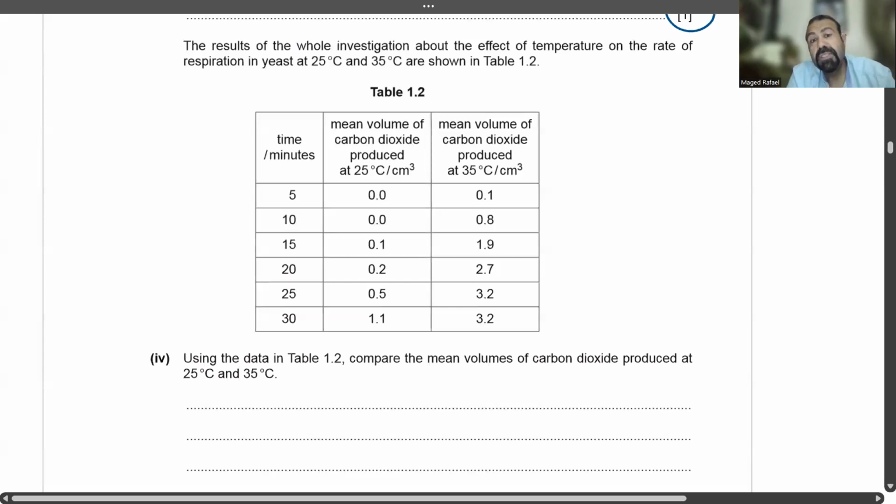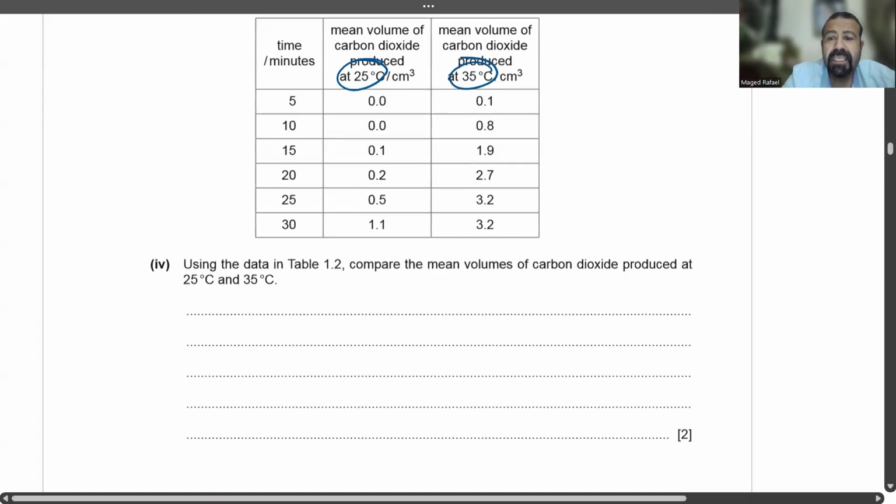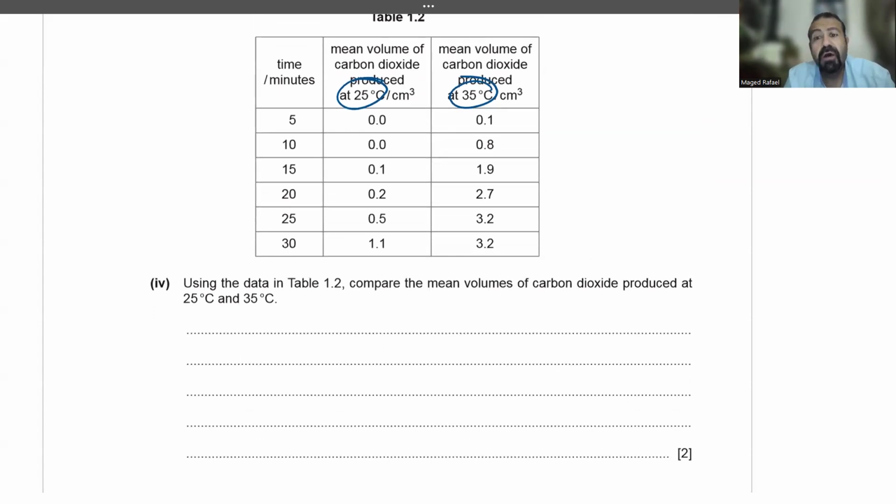He's giving you the results. The time was 5, 10, 15, 20, every 5 minutes interval. He measured the volume of carbon dioxide at 25 and at 35. And he's asking you for 2 questions to compare the mean volumes of carbon dioxide produced at 25 and 35.